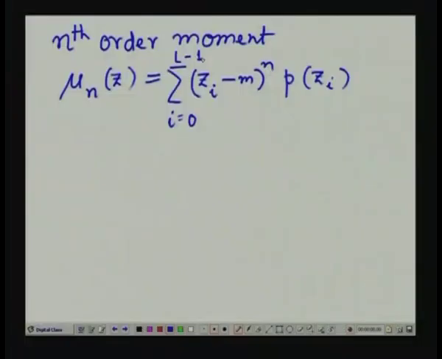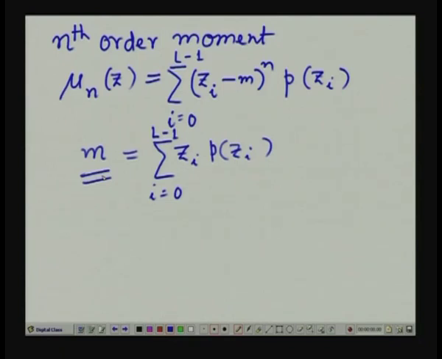Then we can obtain an nth order moment from the histogram as given by this definition. In this case, m is nothing but the mean. So, you define m as the summation of z_i p(z_i), where you sum from i equal to 0 to capital L minus 1. This is the mean intensity value within the texture image.